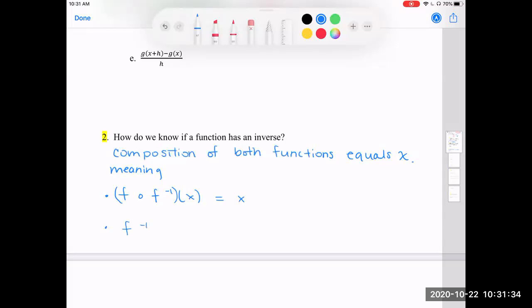F inverse composed of f of x is equal to x. So that's how you can go ahead and test that 2 functions are inverses. Their composition is equal to x.